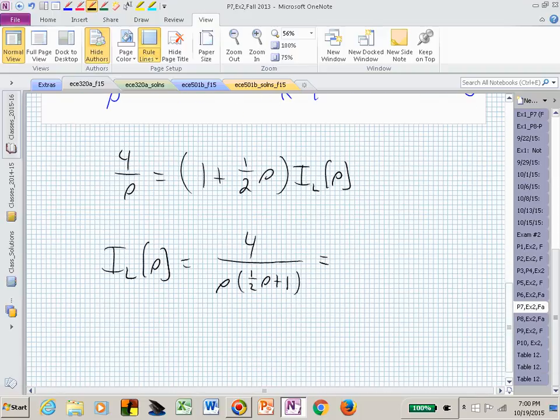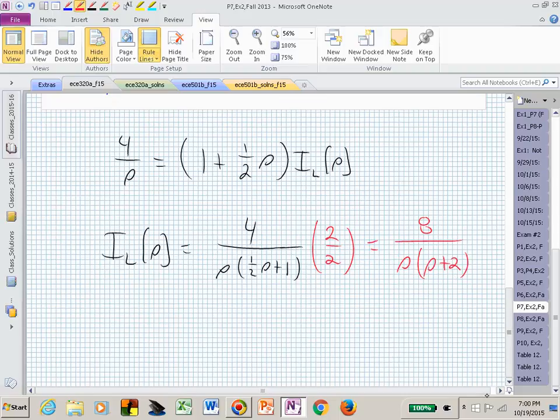And to make that look more like what I'm used to seeing, I could multiply the right-hand side by 1, where my 1 is just 2 over 2. What does that allow me to? Now I can say that's 8 over s, and I can push that 2 through this first linear factor, and the 1/2 and the 2 give me just 1. And the 1 times 2 gives me that.